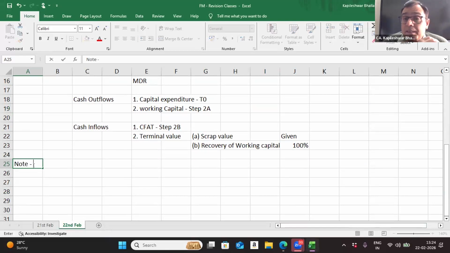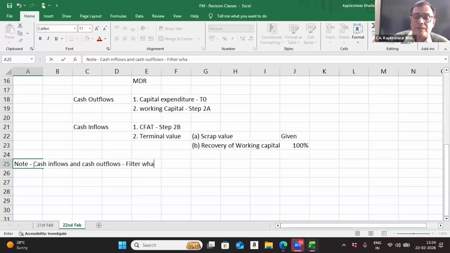So the project will be evaluated on the basis of inflows and outflows. And yes, it's going to be very important to filter what is relevant and irrelevant. Whatever is irrelevant would not be taken in the decision making.